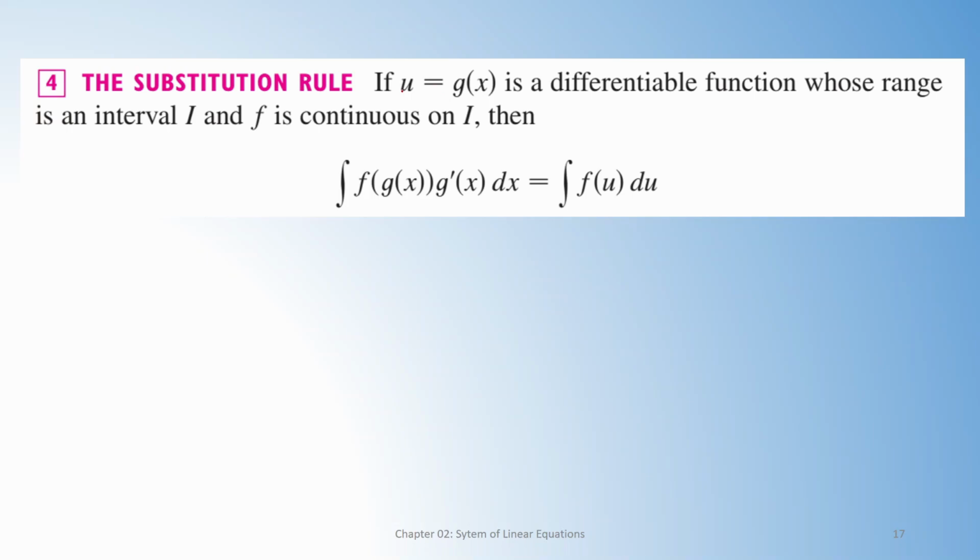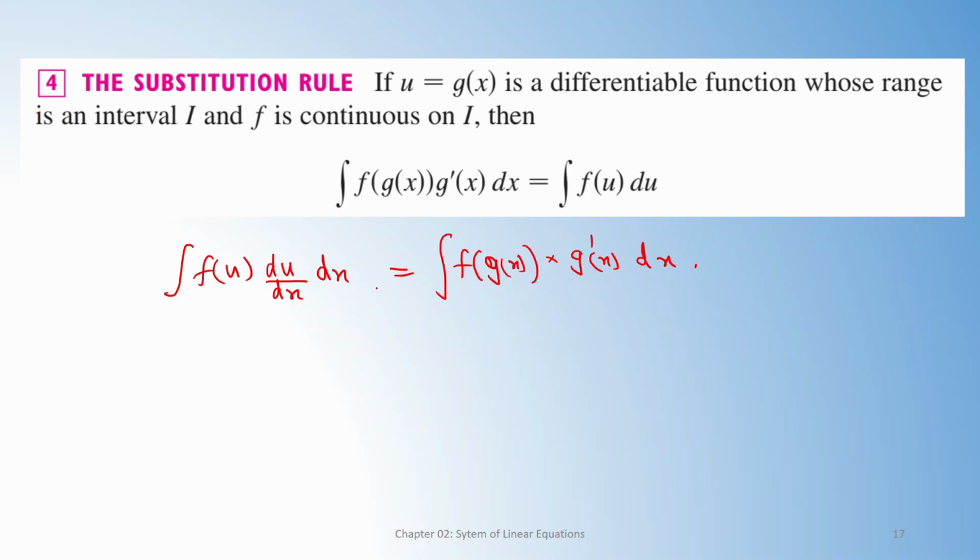In general, if u is a function g of x, and if we have an integration of the form f of u du over dx, then this is equal to f of u, with u as g of x, then du over dx is g dash x dx.